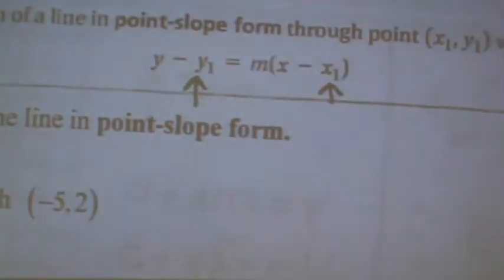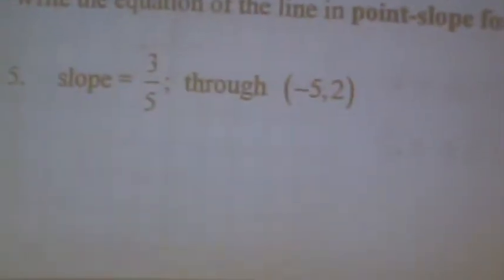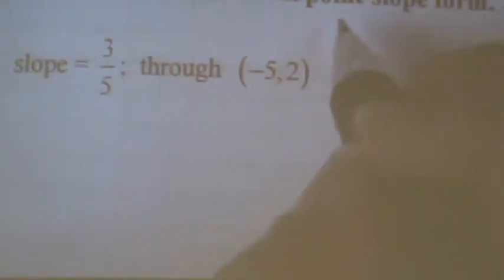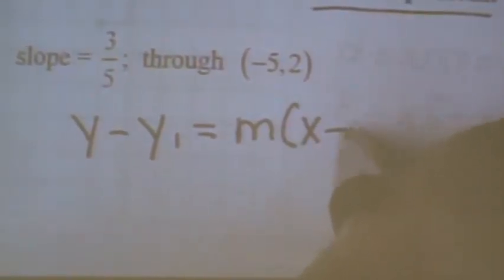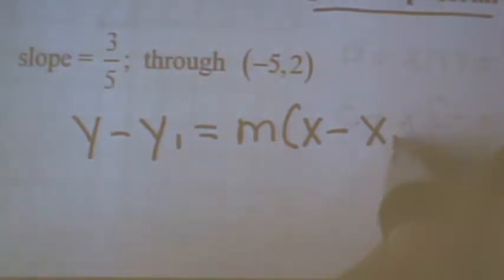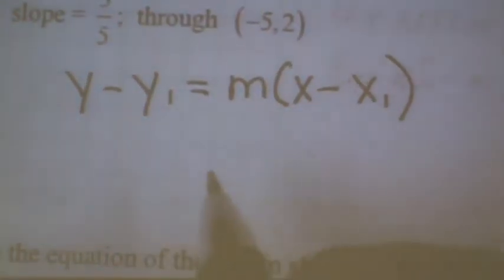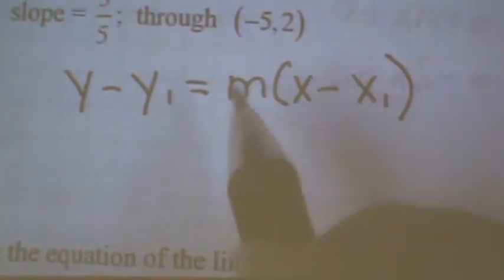So watch this. Easy. Write an equation in point slope form. If it's in point slope form, all I have to do is plug this stuff in where it goes and leave it. It's only when it says slope-intercept form that I have to do the math to it.